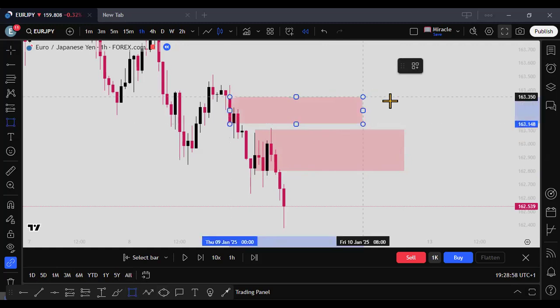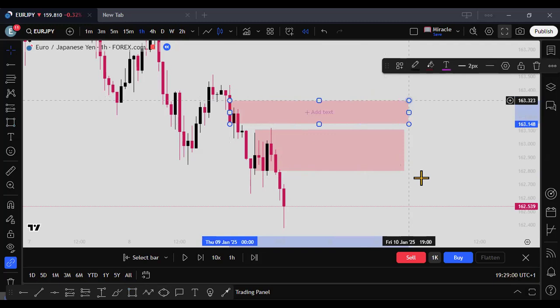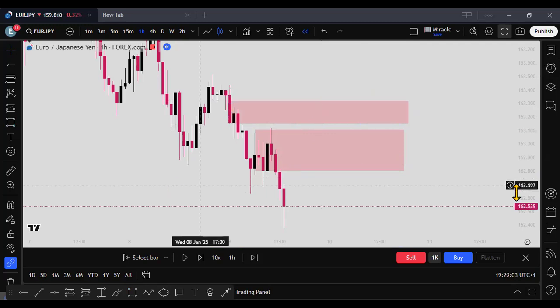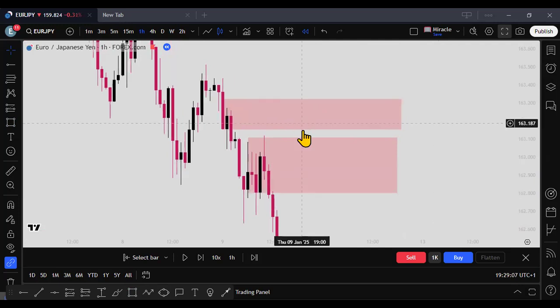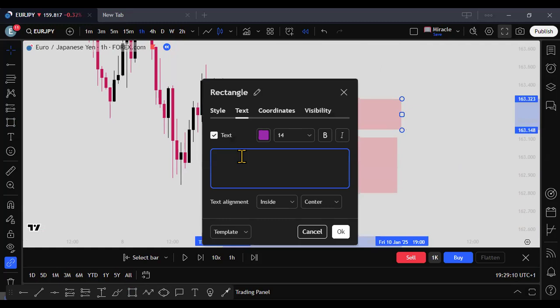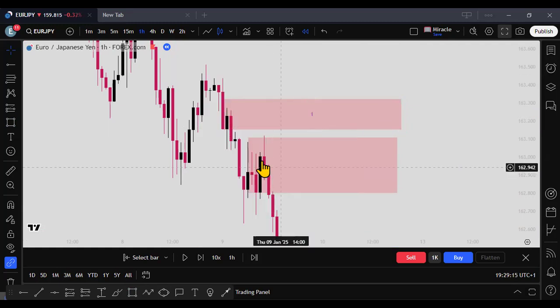This is also a good zone which you can use. So just like I said in the beginning of the video, if this is your area of liquidity number one, and this is your area of liquidity number two.